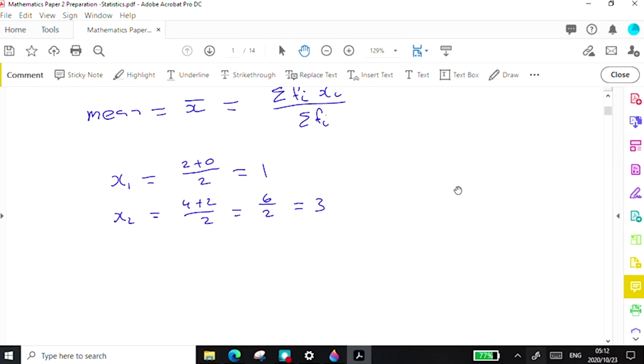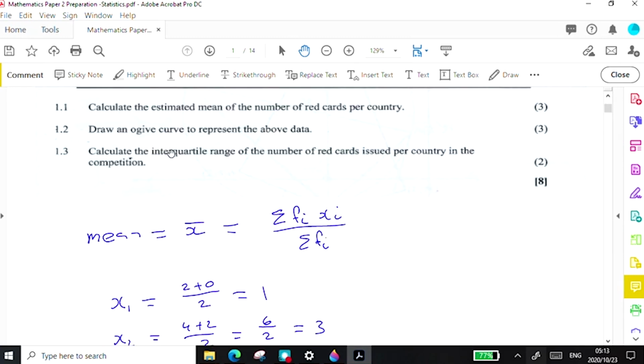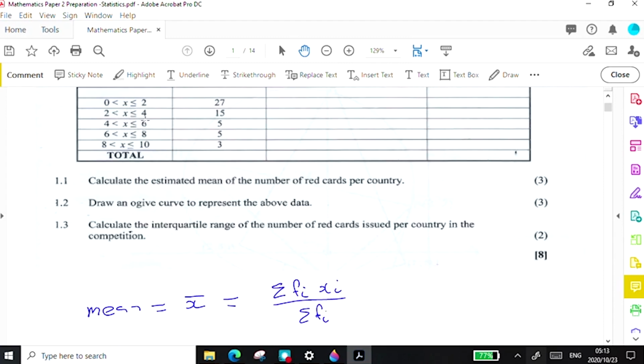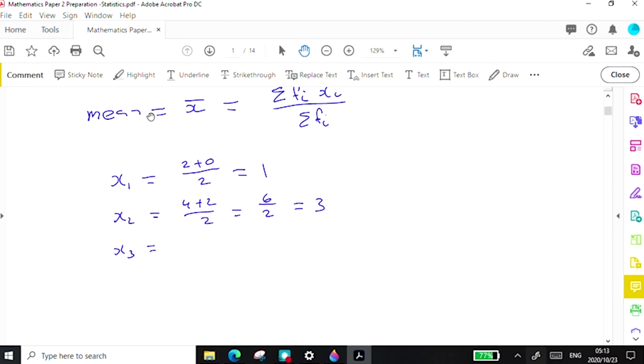And x3 is 6 plus 4 divided by 2, which is 10 divided by 2, which is 5.